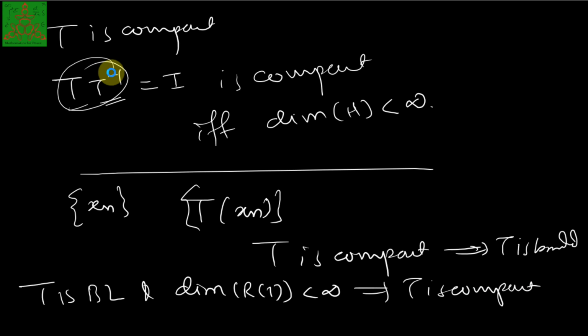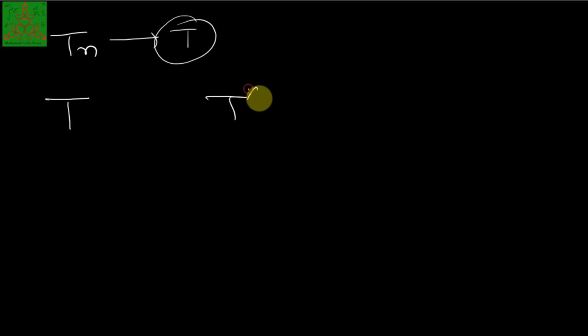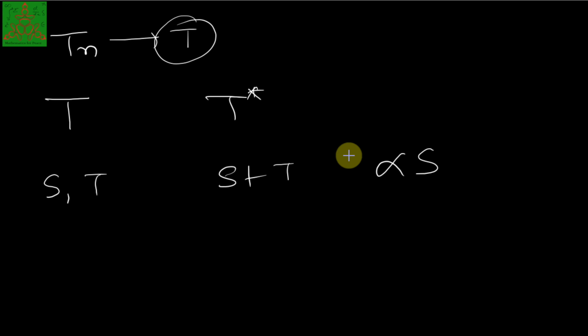The next result we have discussed is that if you have a sequence Tn of compact operators, and if Tn converges to T, then T is also a compact operator. Another result: if T is a compact operator, then T star, its adjoint, is also a compact operator. Lastly, if S and T are both compact operators, then S plus T is also a compact operator, and alpha S is also a compact operator.